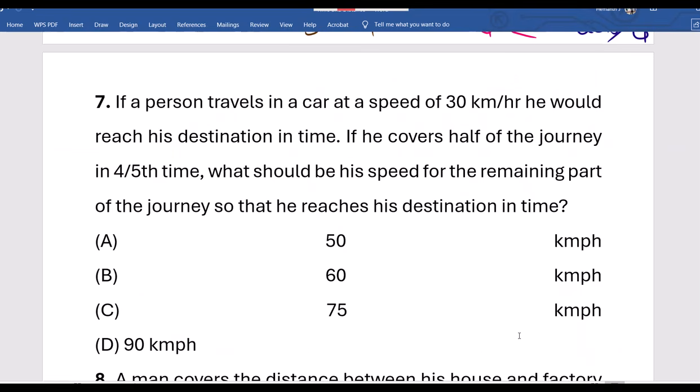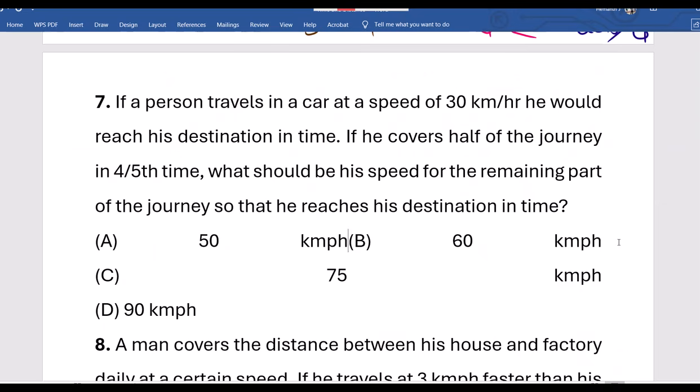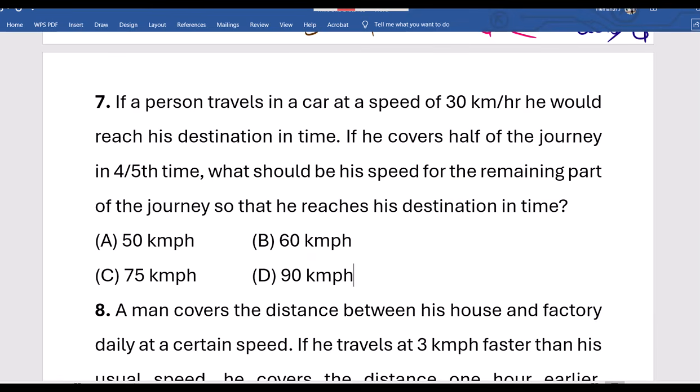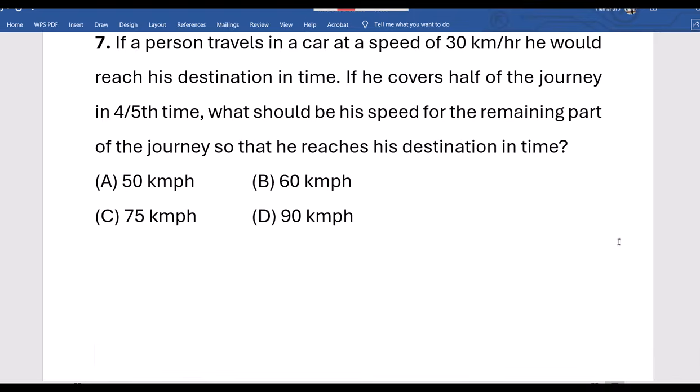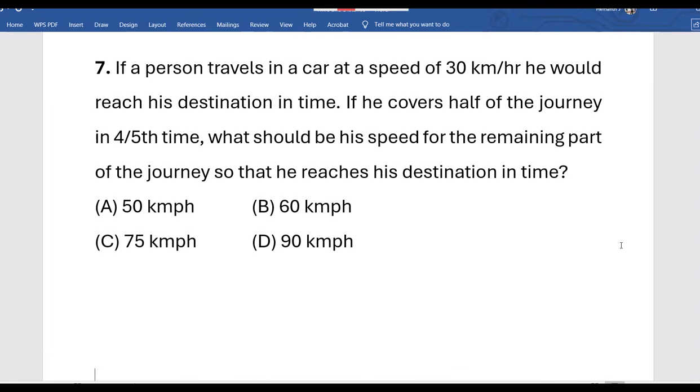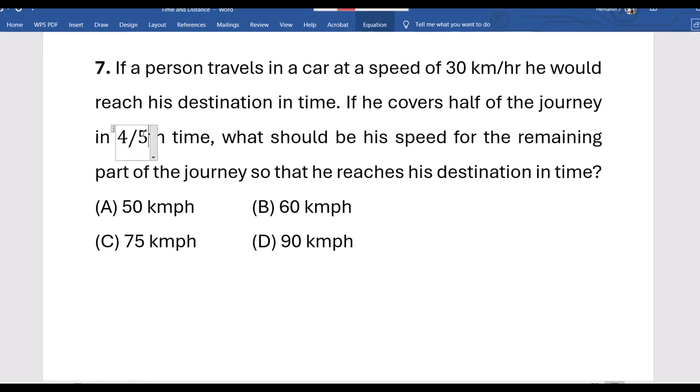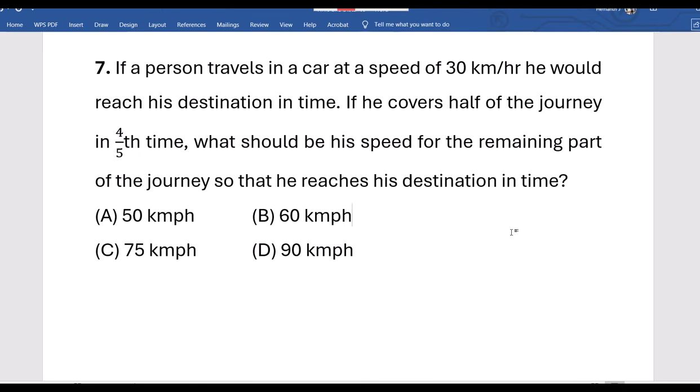Now what about this question, my dear friend? See this seventh one. A person traveling in a car at a speed of 30 km per hour reaches his destination in time. If he covers half of the journey in 4 by 5th of the time, what should be his speed for the remaining part of the journey so that he reaches his destination in time?